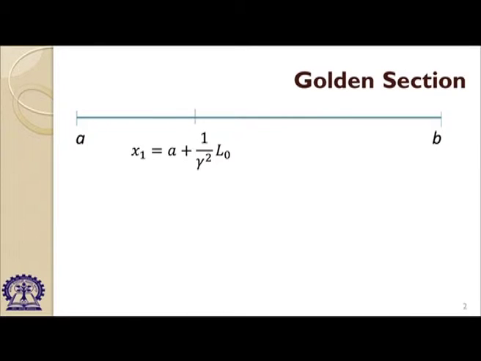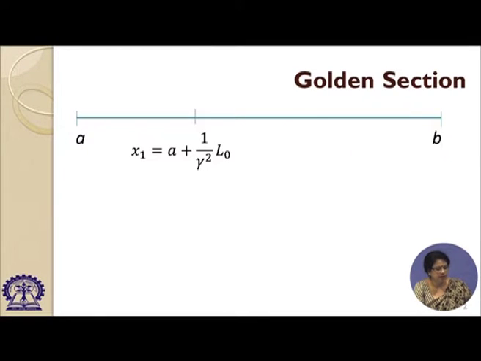This is the first point, the first approximation of the optimal solution, x1, and it is calculated as A plus 1 by gamma square L0. L0 is the initial interval of uncertainty, that is B minus A, and here we have introduced one parameter, gamma. The Fibonacci method was based on the Fibonacci numbers, but the golden section method is based on the parameter gamma.